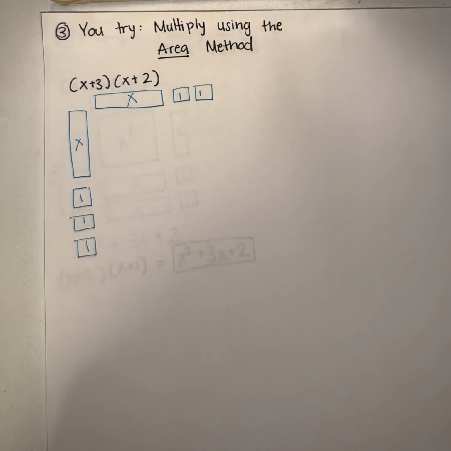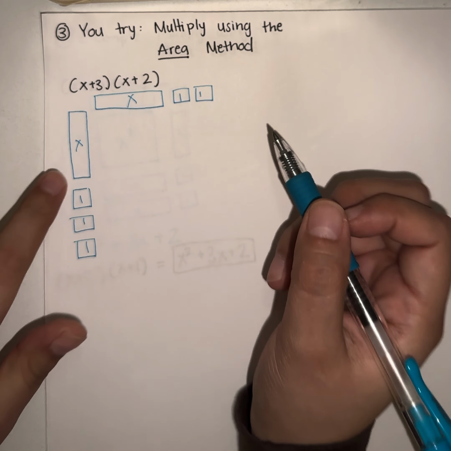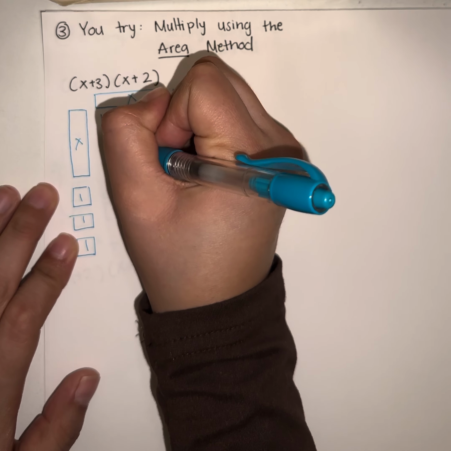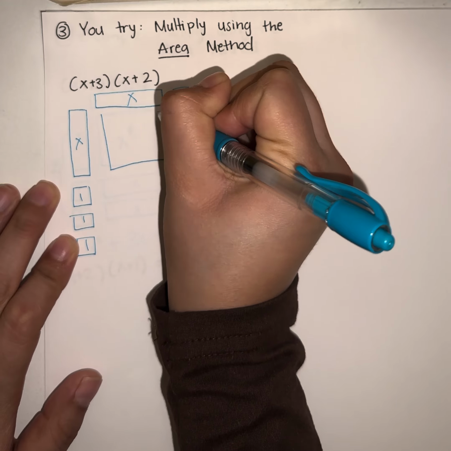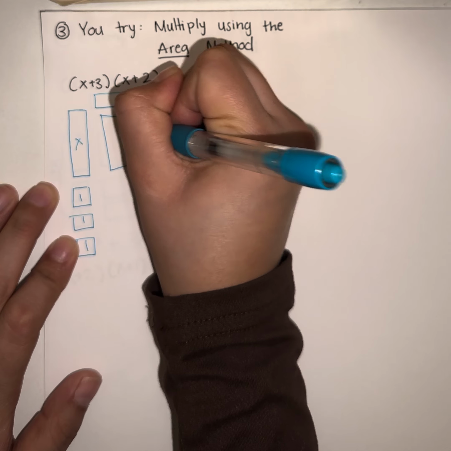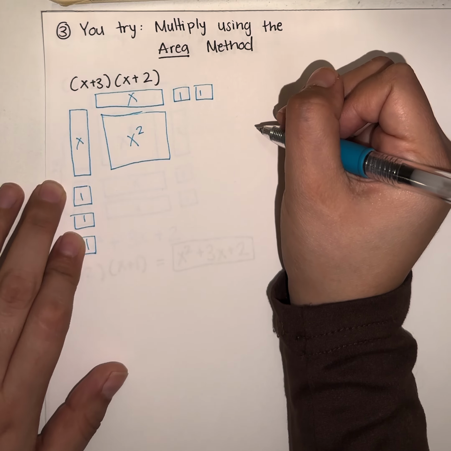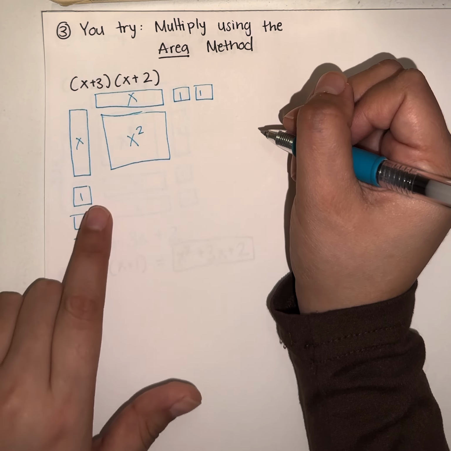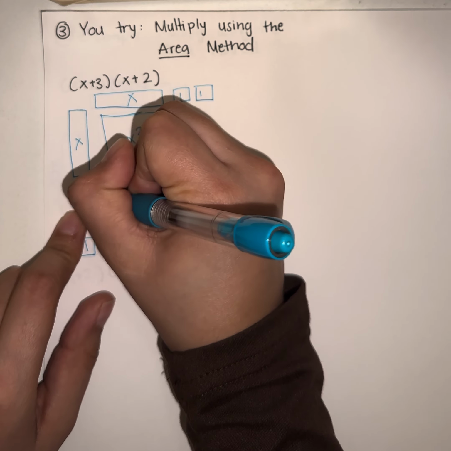Now, let's multiply this. X times x is x squared. Now, x times 1, x.